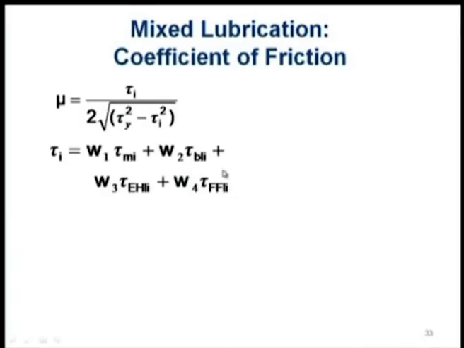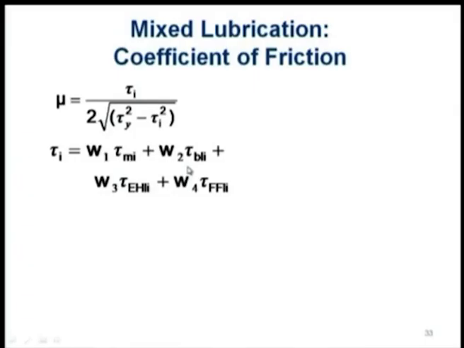Now, there is a possibility of generation of a fluid film, and that will give some friction because of the shearing of that lubricant. And if there is elastic deformation, the deformation will consume some energy, and that can be directly related to viscosity increase. Depending on the elastic deformation, the viscosity of the lubricant will increase, and that is going to increase the coefficient of friction, particularly in this situation.